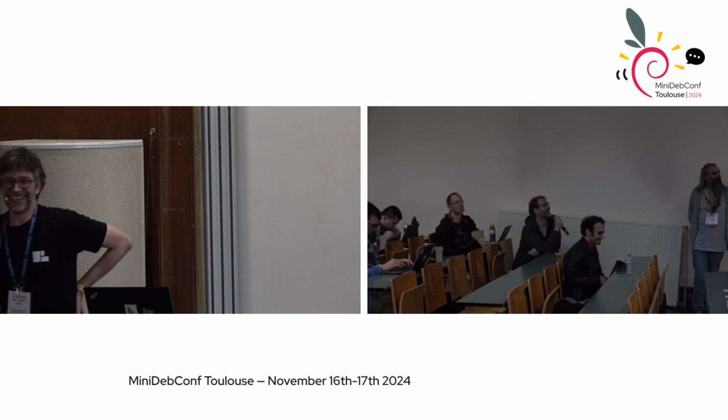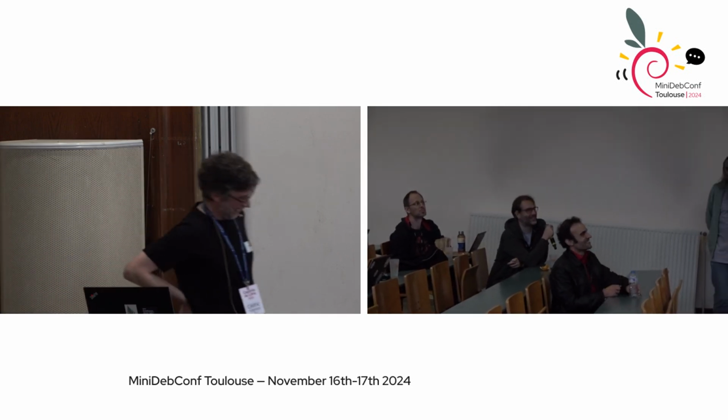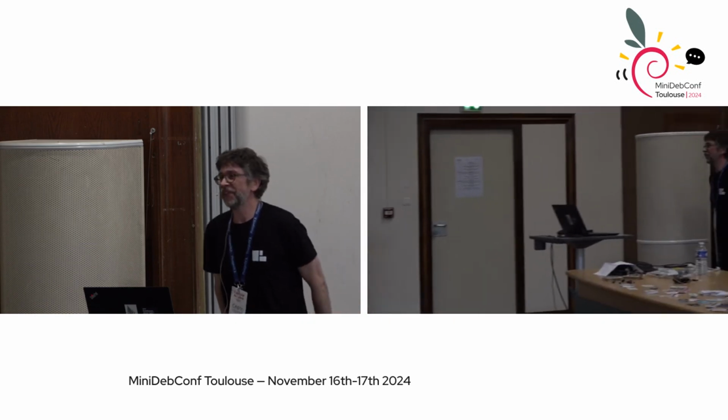Is there a chance to have it in Trixie or Forky? Honestly, from the PostgreSQL community point of view, if it goes in 18, it's a miracle. Okay, maybe it works, but benchmarks will be required to make sure that there is no side impact. Here, what I do is set up a global switch, so by default it will be off and it should be no cost for anyone.